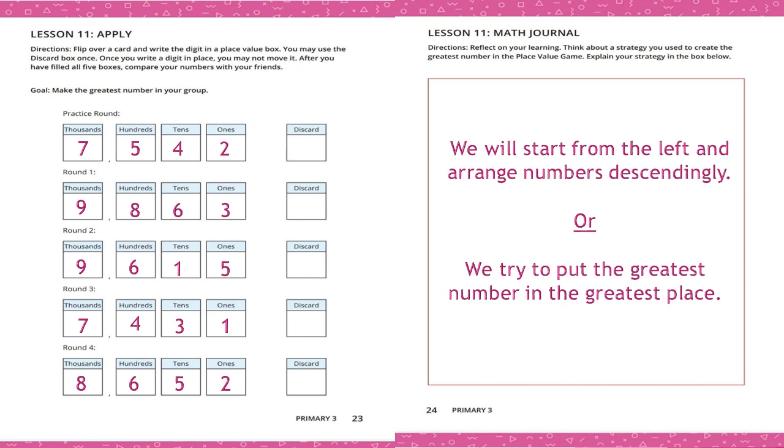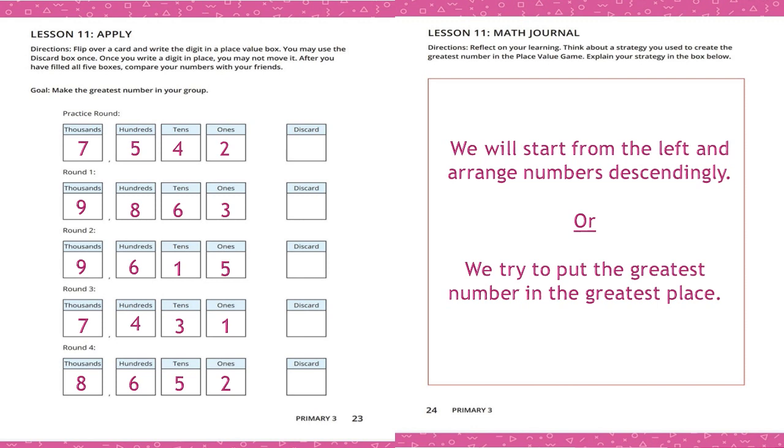Now our math book, page 23 and 24. Lesson 11. We have here a game and we will pick some cards and try to form the greatest number from these cards. Each time I will pick 4 cards. The first 4 cards I picked were 2, 4, 7, 5. I will make the greatest number from them.